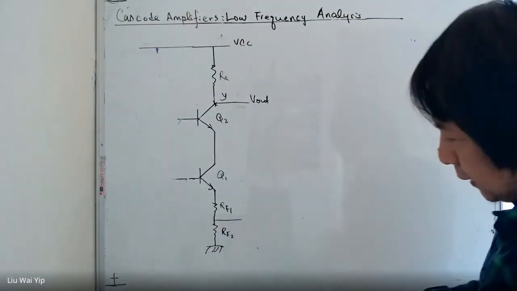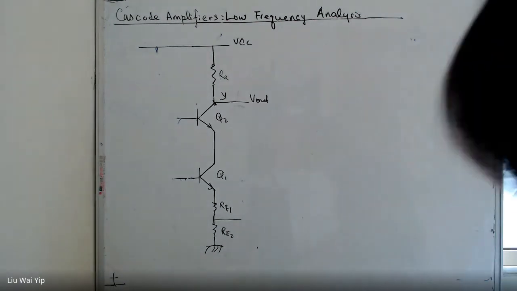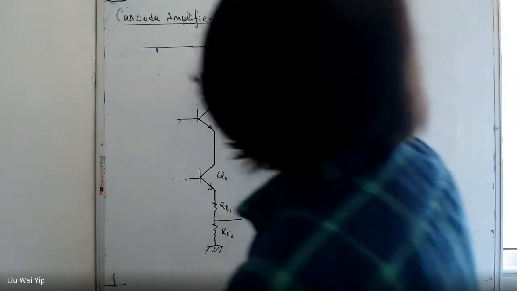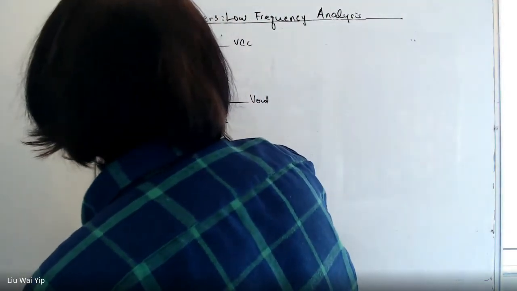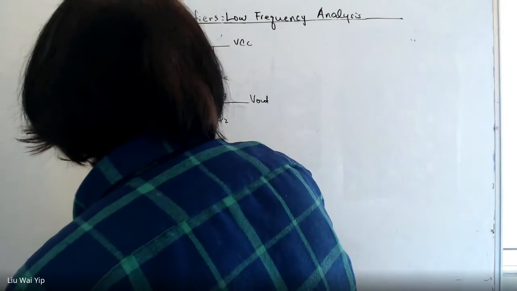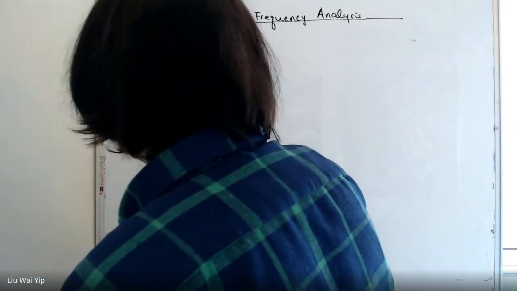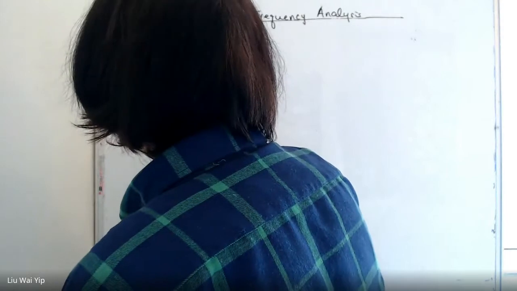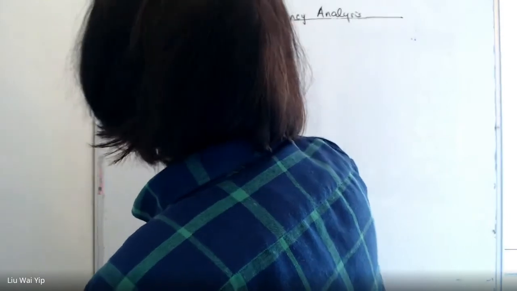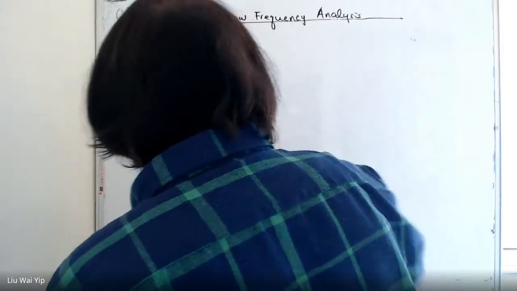In this case, you may add the biasing network in this manner. So we have R1, R2, and R3.